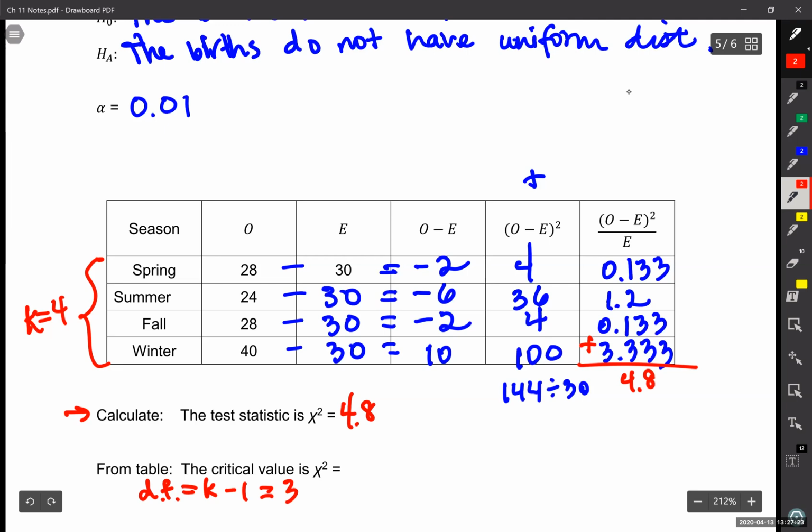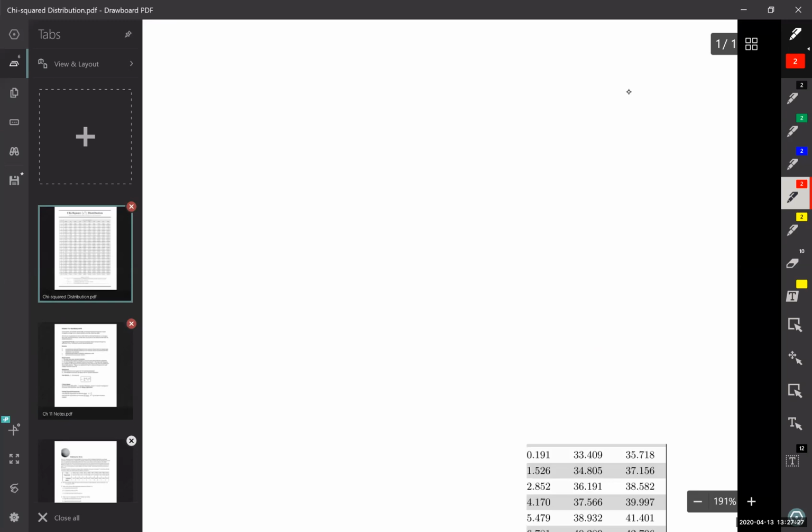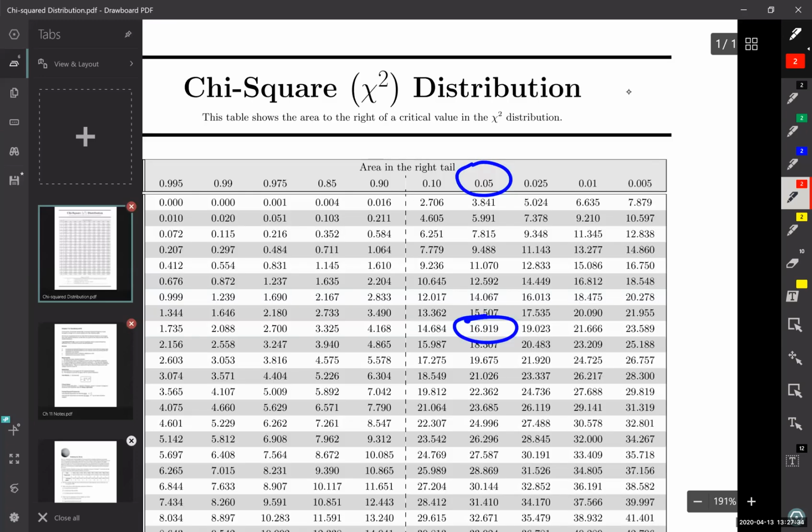So going back to the chi-squared distribution table, we have our alpha is 0.01 and our degrees of freedom is 3. So we have 11.345 as our critical value.